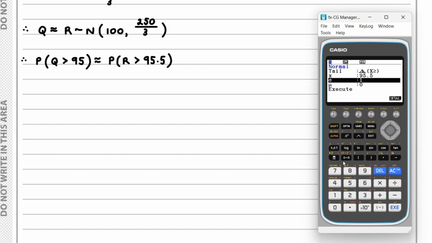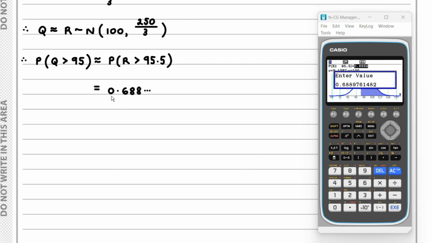Sigma is the square root of 250 over 3, and mu is equal to 100, and working this out, it turns out we end up with 0.688, etc.